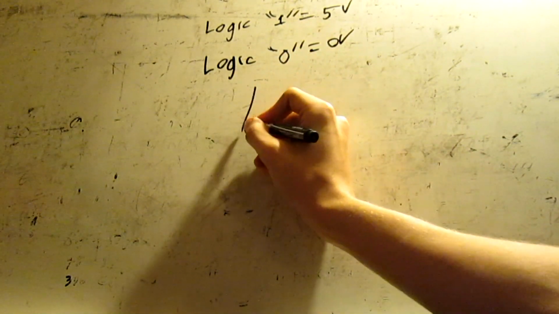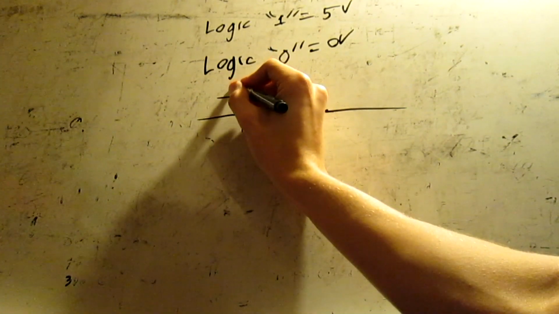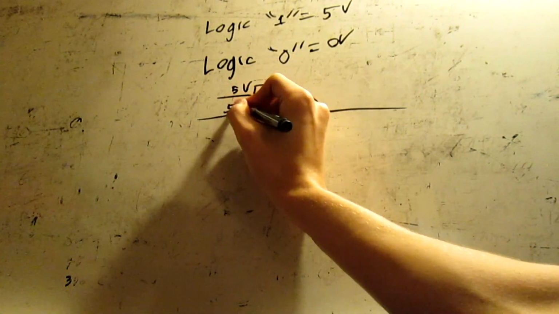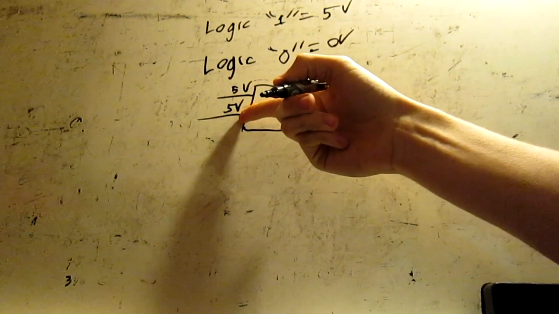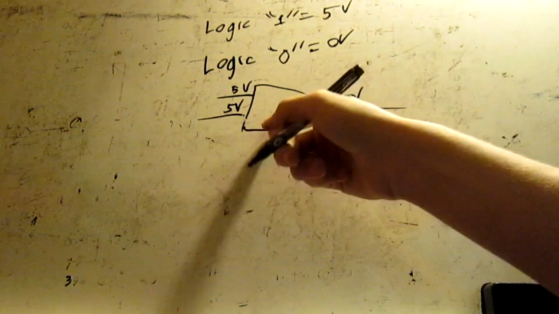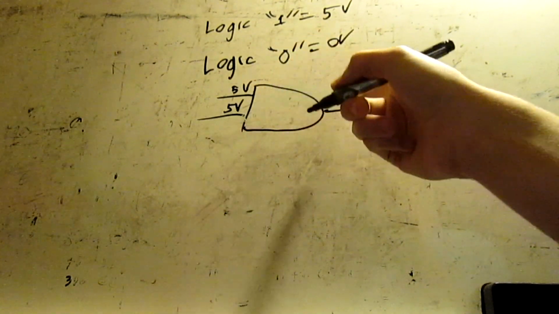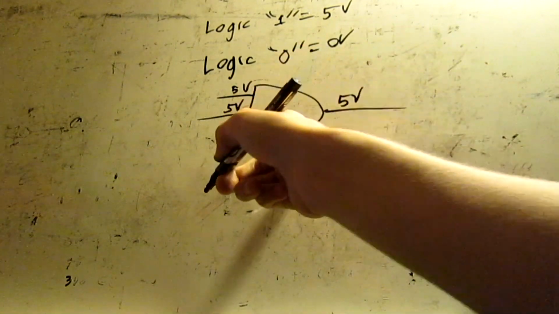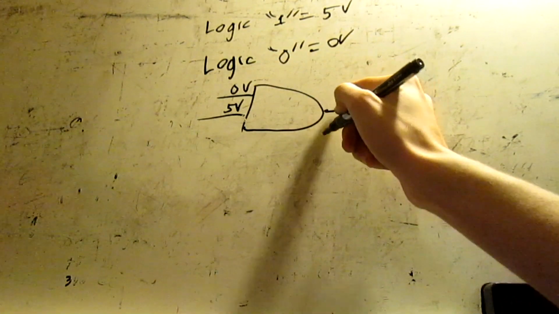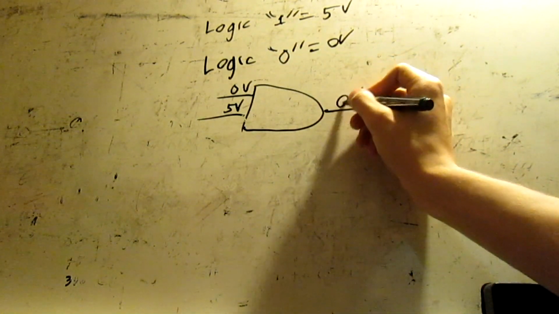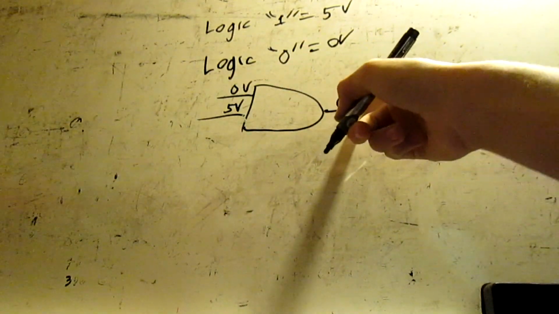So if we redid the AND gate, if we have 5 volts here and 5 volts here, we have 5 volts out here because this has 5 volts and this has 5 volts. That means this satisfies the AND gate. The AND gate's like, yay, they're both high, they're both 1s, then it's going to output 1 to here. If this was 0 volts, then the output is 0 because this and that are not both turned on. So that's 0.